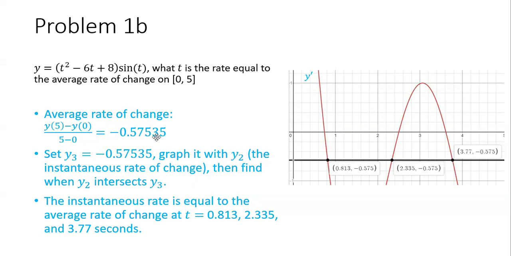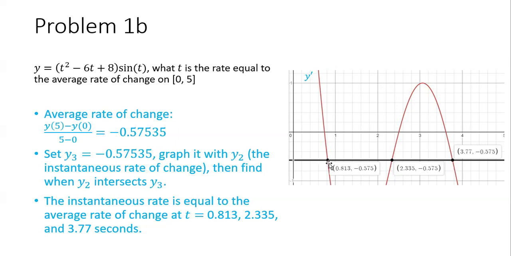This is one way to set it up. Or you can set up y3 as y2 minus this value and find the zeros. It becomes a plus because of minus a negative. And then you find the zeros. Or you can keep y2 as we already had, make y3 just this number, and find the points of intersection.